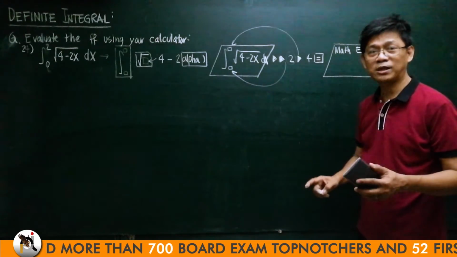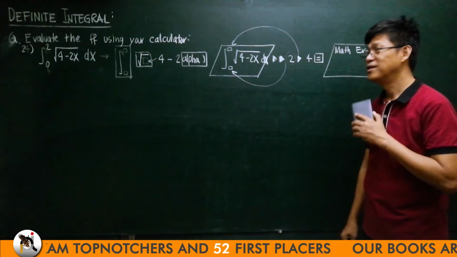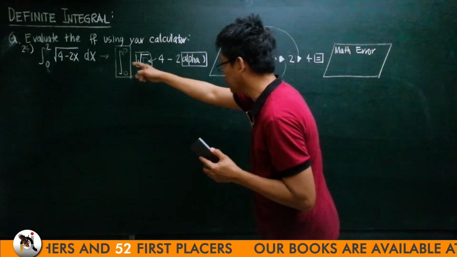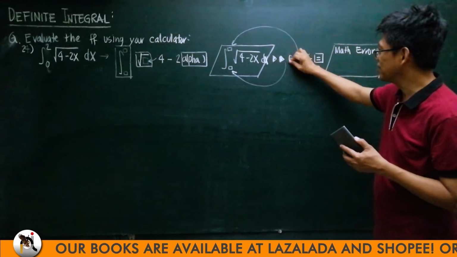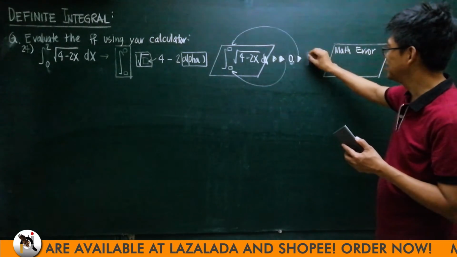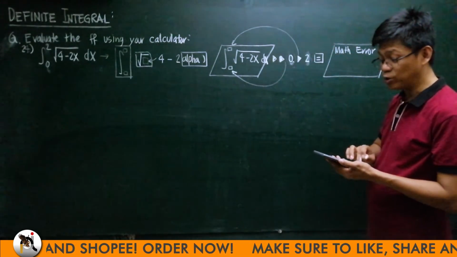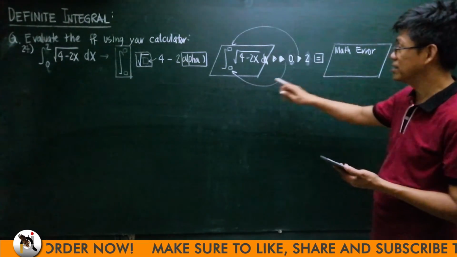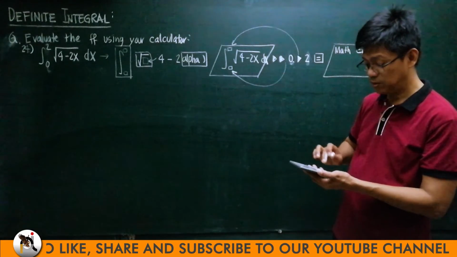Do you follow? What about if the limits are 0 and 2? We input the same process except that this is 0 and that this is 2. You bring the cursor to the lower limit here, 0, then this would be 2, equals.